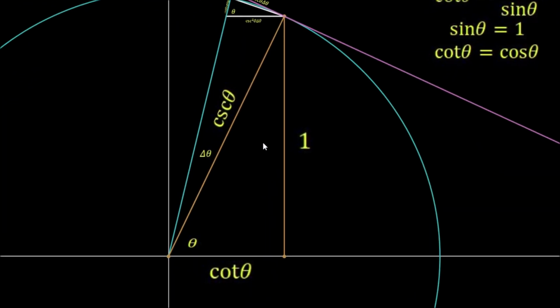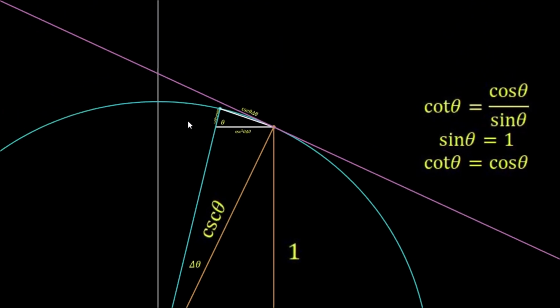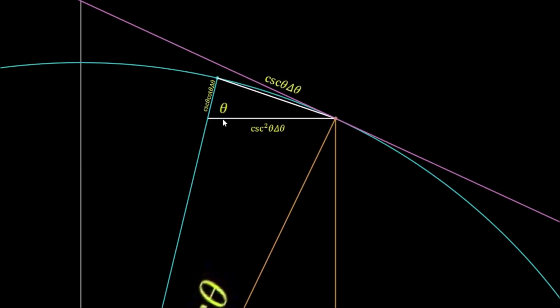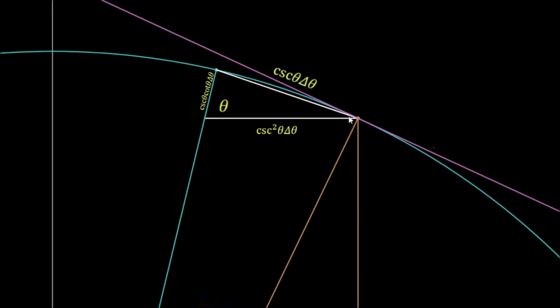So that is, if this here is a cosec theta, this here must be the cosec theta cot theta. So it means that we've got two values here in our similar triangle. Now we could find this value here by squaring this and taking the square root, and this will give us this distance here, which is cosec squared theta.